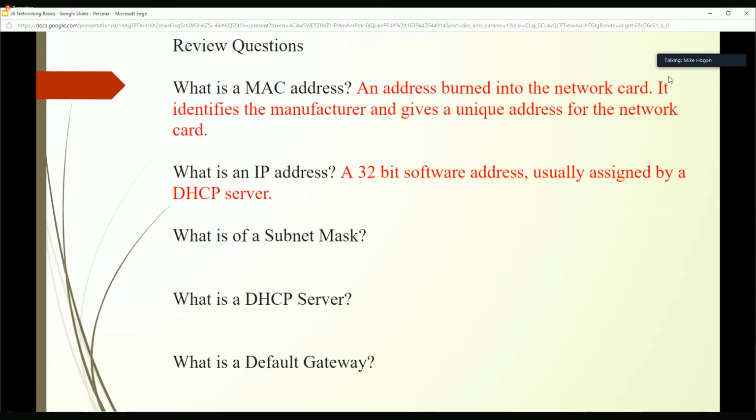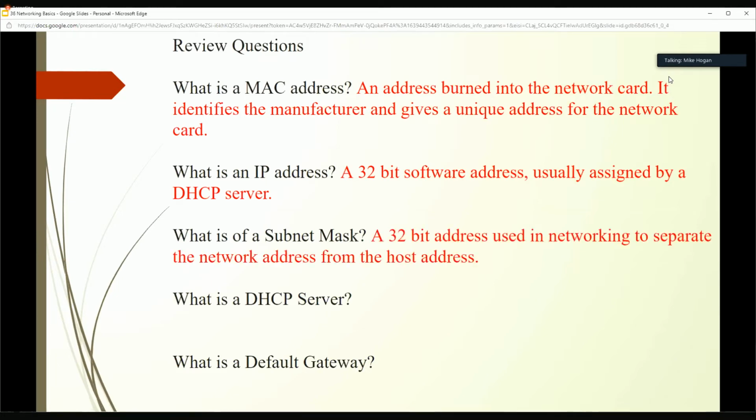And so how do we know which of those 32 bits represent network and which represent hosts? Well, the subnet is the 255.255 and so on. That's the only way I know the difference. Yeah. So that subnet mask identifies the portion of the address that represents the network.